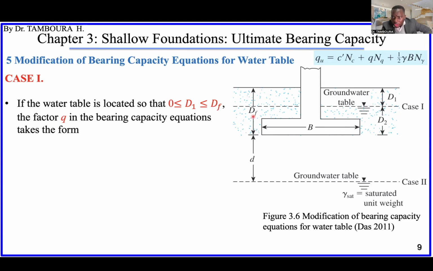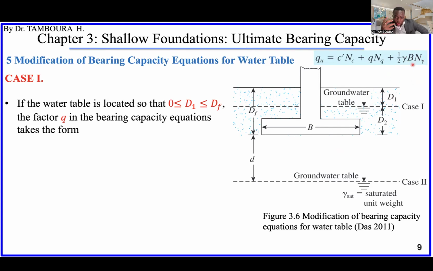Anyway, just above the base of the footing, what will happen in that case? Remember, this equation for the bearing capacity is for the strip footing, but what matters here is the different parts of this equation. As you know, the only difference between shapes is some coefficients. This is the contribution of the cohesion. This is the contribution of q, the charge, the overburden pressure. And this is the contribution of gamma, the ground beneath the foundation.